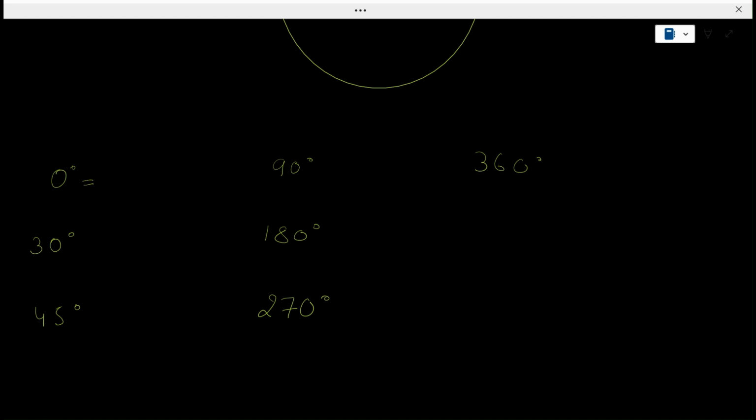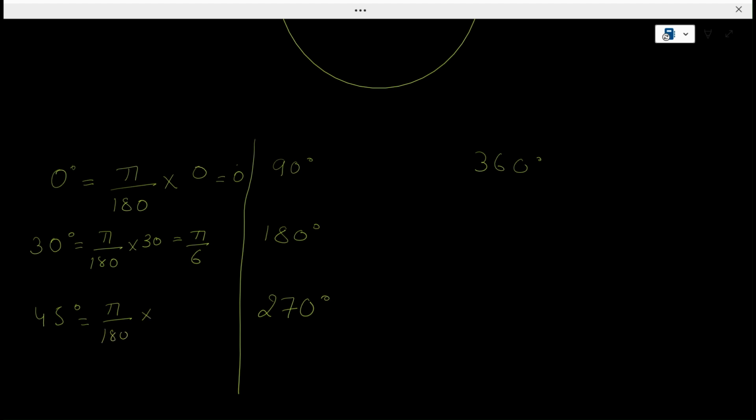We do not have to do much, we only multiply these angles by the conversion factor, that is pi by 180. So it simply becomes 0 radian, and pi by 180 multiplied by 30 is pi by 6 radians.